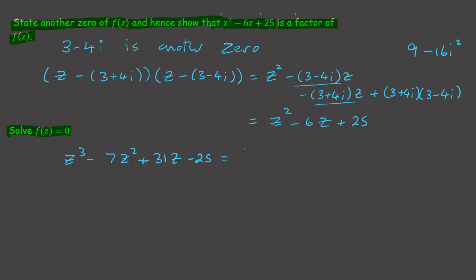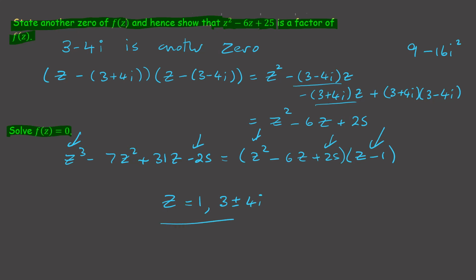Well, we know that's equal to z squared minus 6z plus 25 and a linear factor. And since that's a 1z cubed, that's a 1z squared, that's got to start with a z. Since that's a 25, that's a negative 25, we've got to have a minus 1 here. So we're going to get z is equal to 1 from this bracket and 3 plus or minus 4i from what we had before.